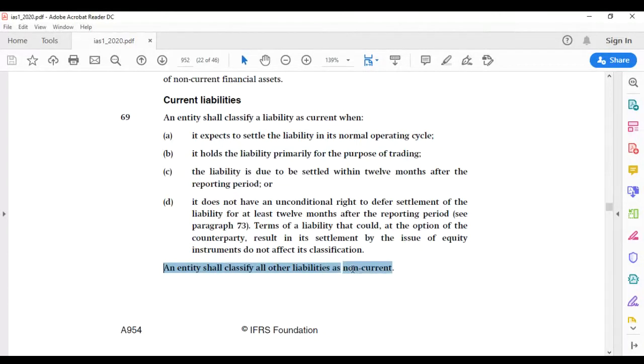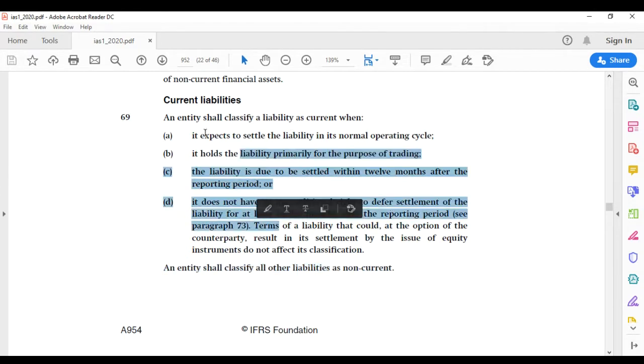So an entity shall classify all other liabilities as non-current. So you can effectively say a non-current liability is any liability that does not qualify to be a current liability in terms of those four components of the definition of a current liability.